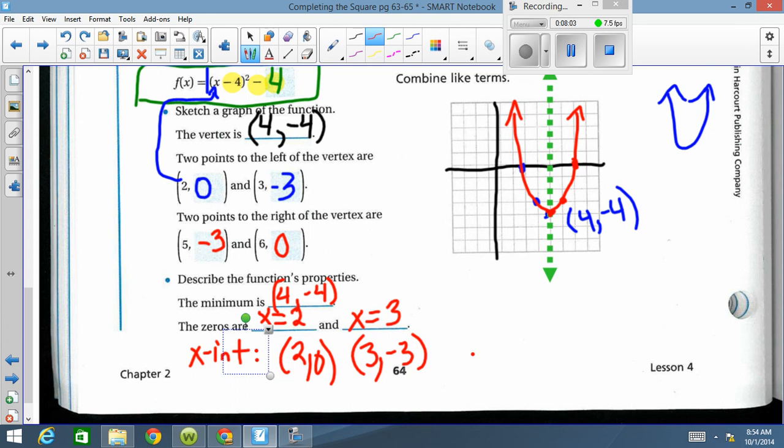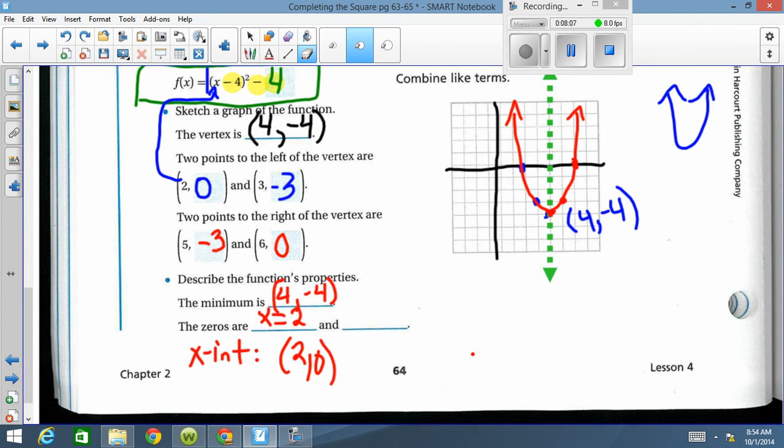Hold on a minute. That's not right. Almost made a very silly mistake there. My zeros are going to be 2, 0, and 6, 0. Or my x-intercepts are going to be 2, 0, and 6, 0. The actual zeros are going to be x equals 2 and x equals 6.